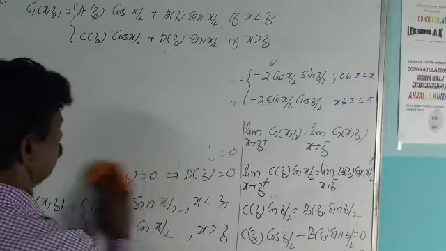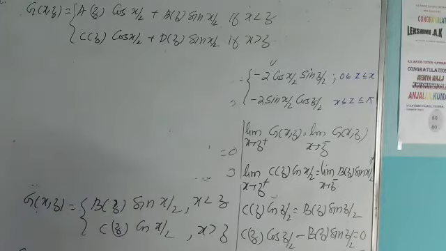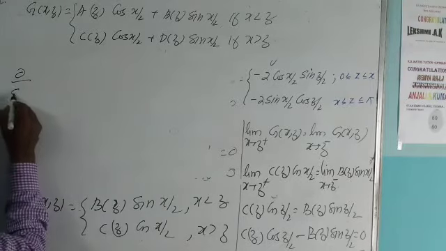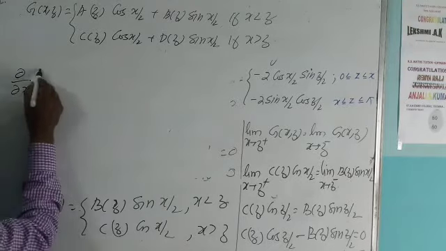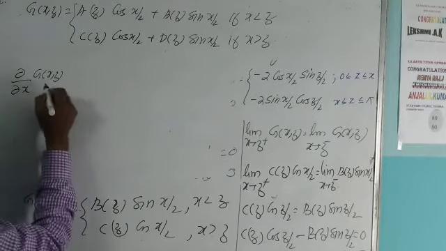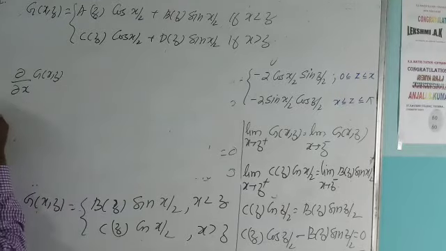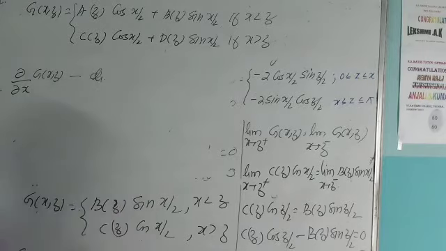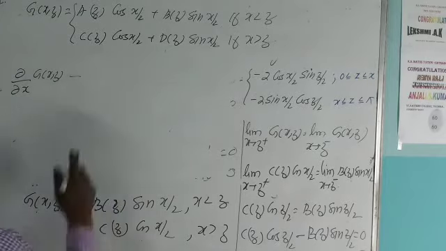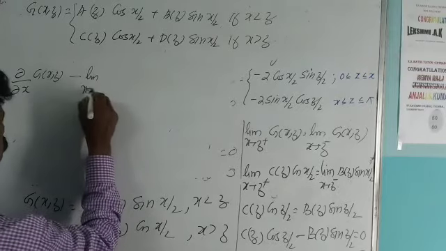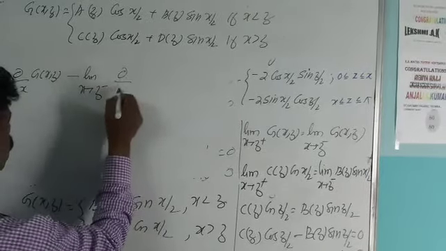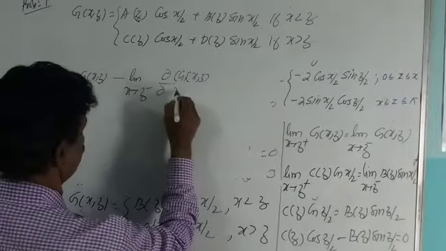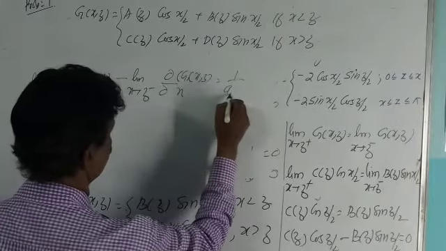The fourth condition is dou g by dou x of g x, limit x tends to z plus minus limit x tends to z minus dou g by dou x, equal to 1 by a2.